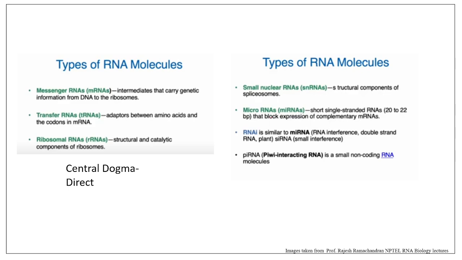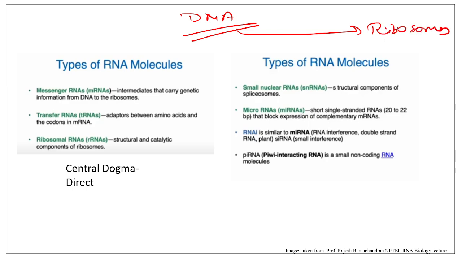So mRNA is the intermediate that carries genetic information from DNA to the ribosome. So this is DNA. It has a sequence, A, T, G, C, G, T, whatever sequence is there in the DNA. This sequence has to be taken up by the ribosomes, because only when this sequence is taken up by the ribosomes can they form the protein.